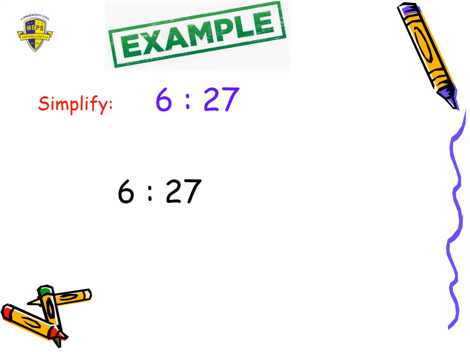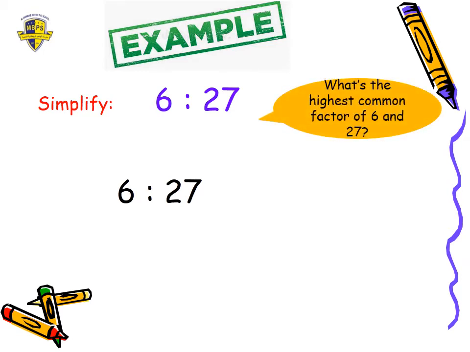Let's solve another example. 6 to 27. We have to think of a common factor between 6 and 27. What do you think? 3, good. 3, we can divide 6 by it and also we can divide 27 by it. So the first step, we find the common factor and it's 3.